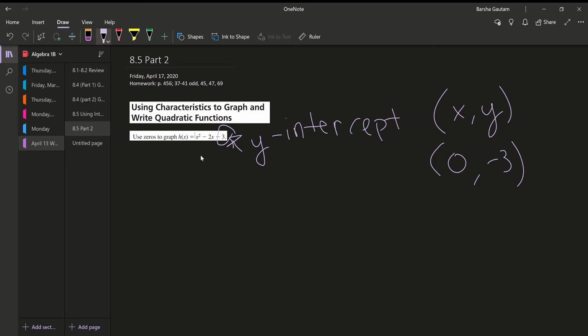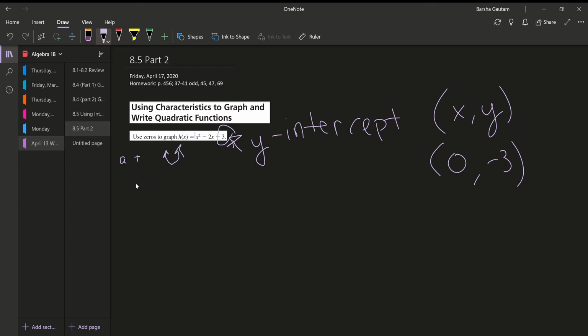Is that 1 positive or negative? If it's positive, then the parabola is going to be, let me write down over here, if a is positive, then the parabola will be facing up.